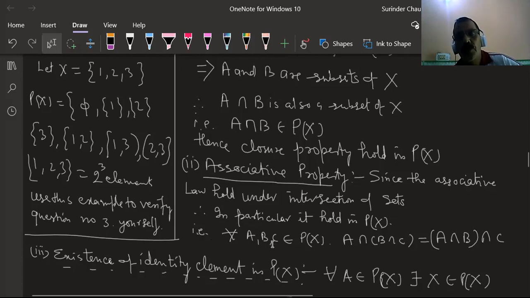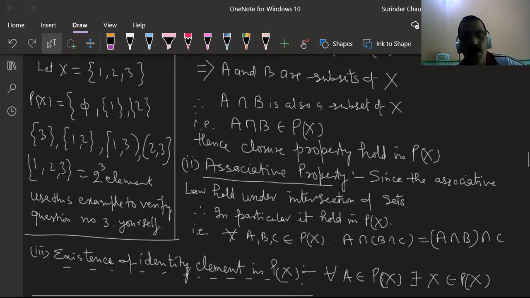That is, for all A, B, C belongs to Px, A intersection (B intersection C) is equal to (A intersection B) intersection C. If you take any three subsets of Px, and we find the intersection of the second and third and then intersect with the first, or we find the intersection of the first and second and then intersect the resultant set with the third set, the elements of both come out the same. This implies the associative property holds under the intersection of sets.